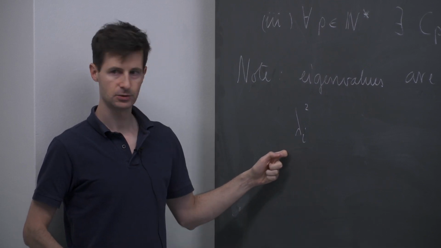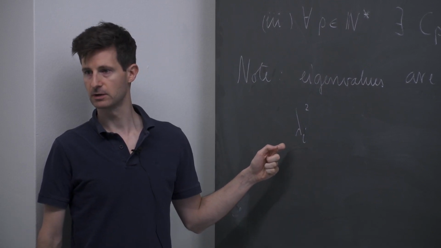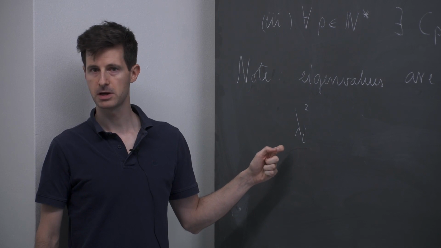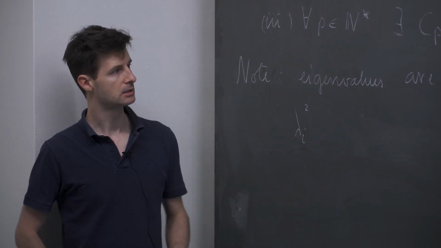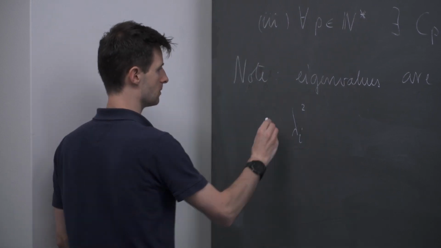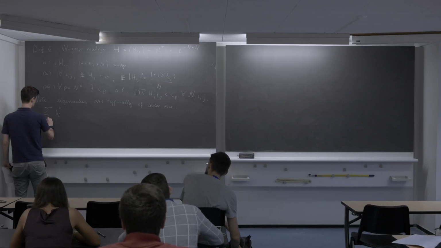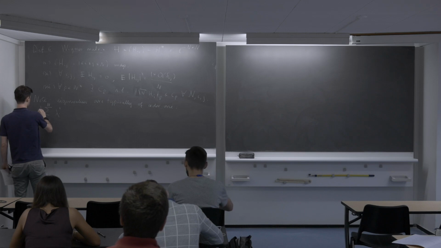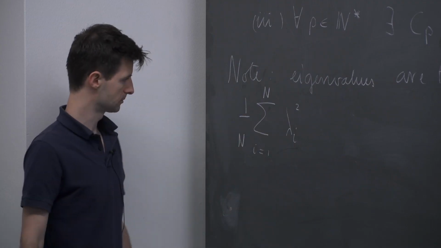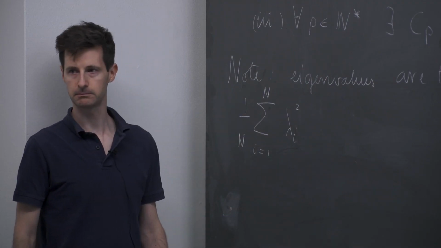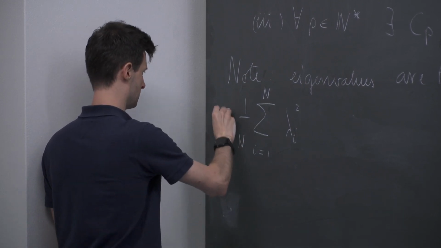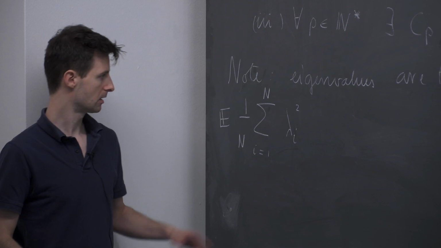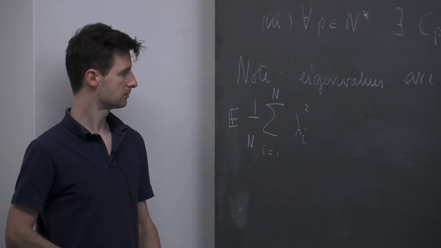I take this squared and I average over i. And if the number I get is of order 1, then that's what I mean by saying that these eigenvalues are typically of order 1. So let me take the sum over all of these eigenvalues, and then I divide by n, so I'm averaging. And let me compute the expectation. One could also take higher moments, but let me just consider the expectation.